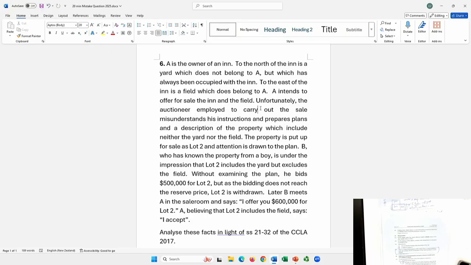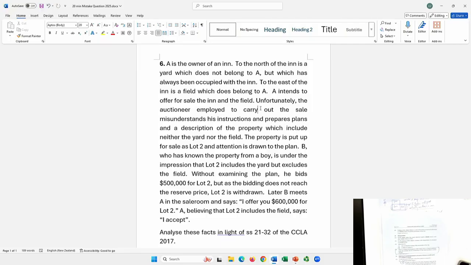No, because the auctioneer prepares plans and a description of the property which include neither the yard nor the field. So what they're actually buying and selling is lot 2, which is the inn by itself. And both of them have a different mistaken belief about what Lot 2 actually is.